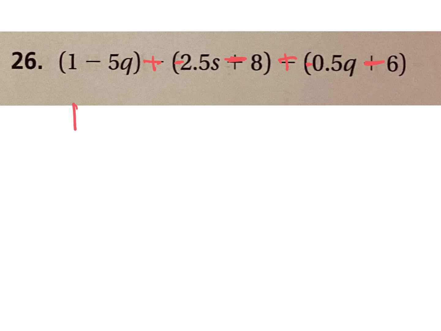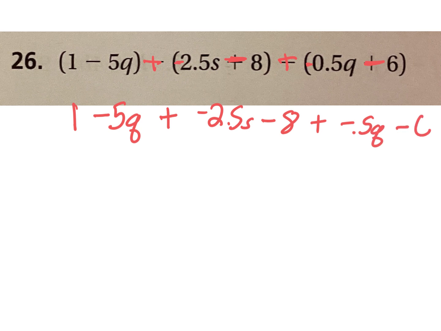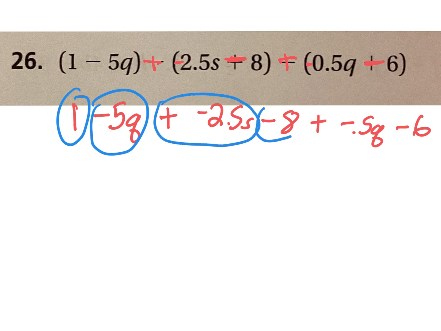So now I'm going to write these out. I have 1 minus 5q, which I can't put together, plus negative 2.5s minus 8 plus negative 0.5q minus 6. You know what I'm going to do is, so I have that term, that term, that term, that term, that term, and that term.